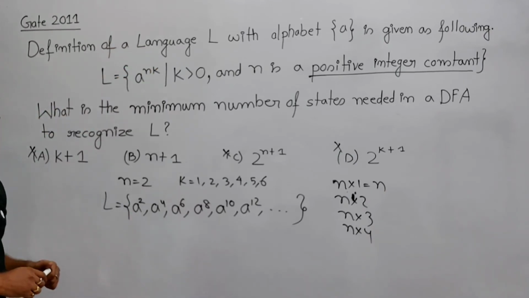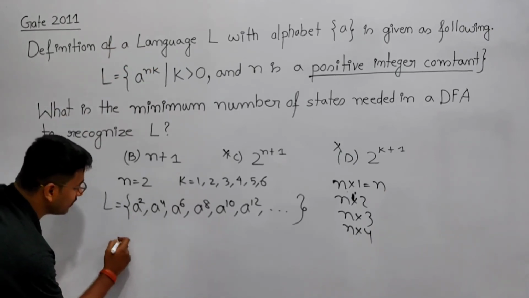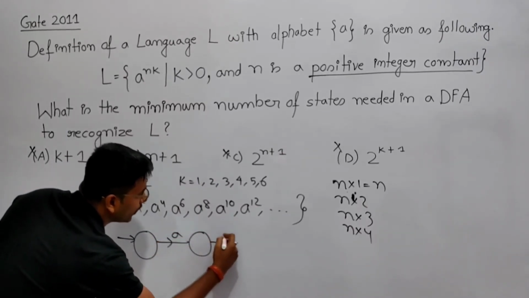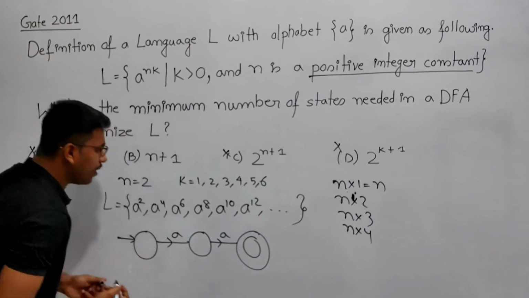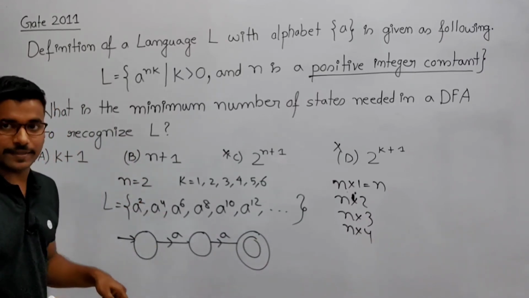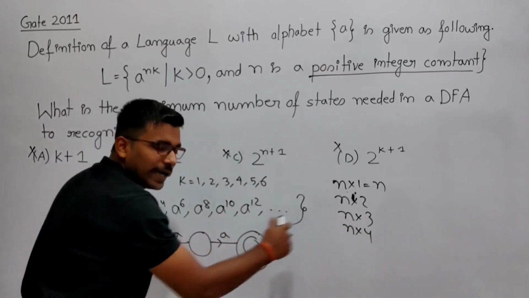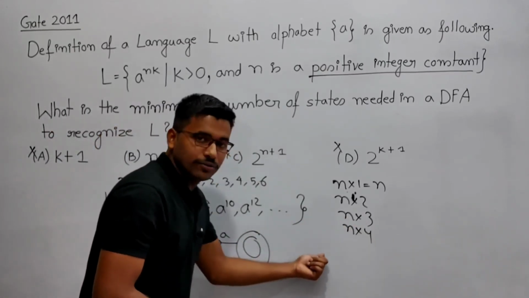So how to construct a minimal DFA for this? Initial state. Now by getting 2 a's, it will accept it. Again if we get 2 a's, then accept it. Now after that, if this state gets a, it should not create a new state, no need to create.